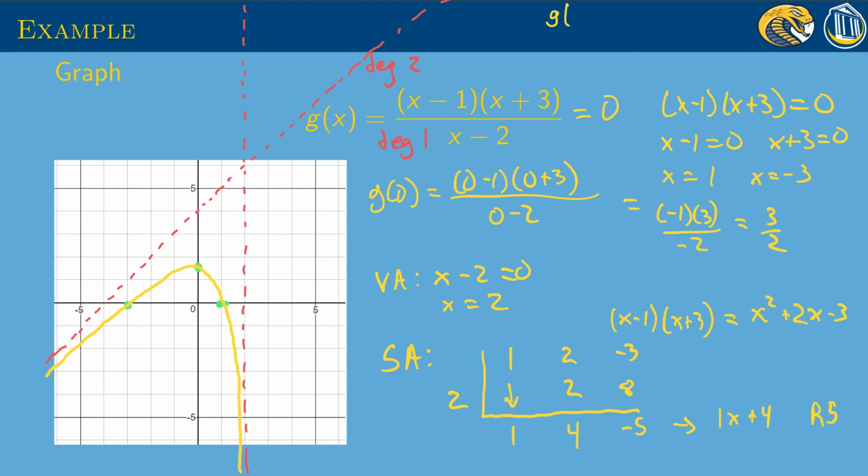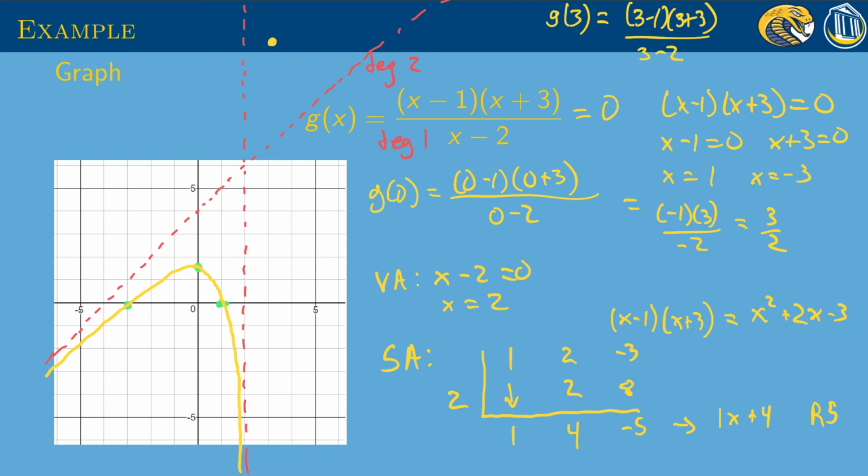So let's do 3, although 5 would work. 3 minus 1, 3 plus 3, divided by 3 minus 2. That's 2 times 6 over 1, or way up here at 12, which is around here.